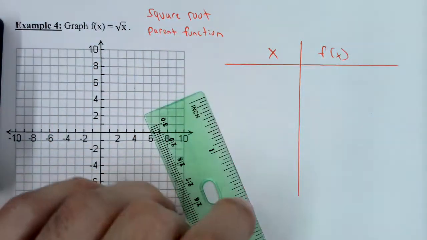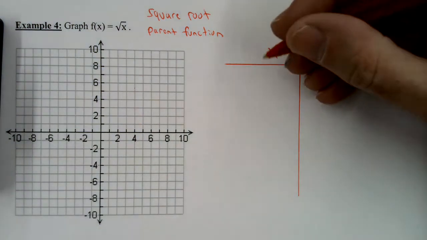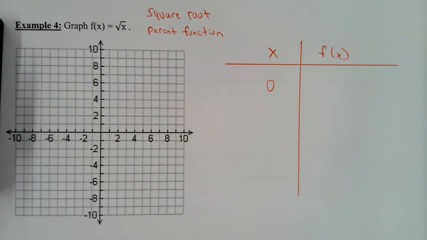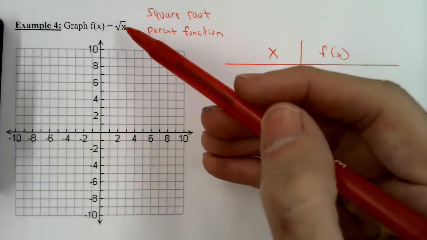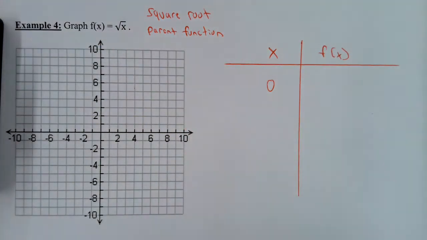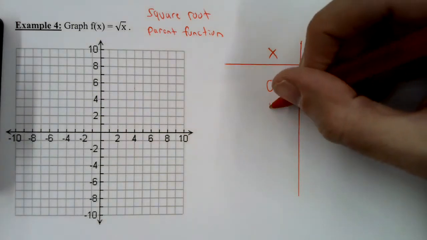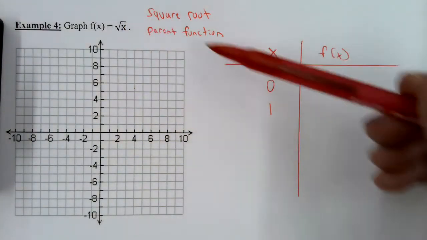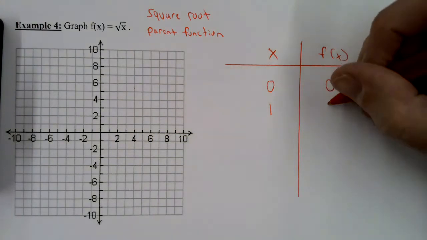So let's think about it. For x, I'm going to choose 0 because I can easily get that square root. The square root of 0 is 0. Next, I'm going to choose 1 because I can easily get that square root. The square root of 1 is 1.